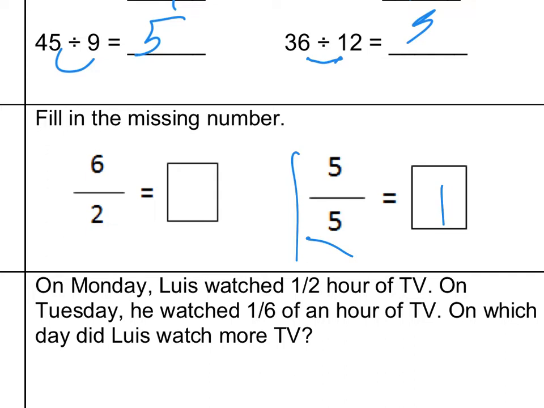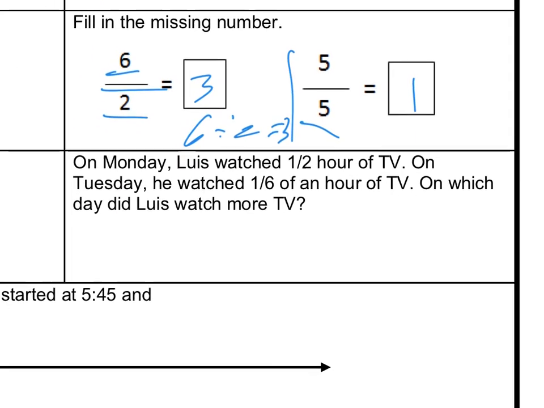And on this one, you have more than you need. You have 6 over 2. So what you have to do is 6 divided by 2. You can always imagine this bar right here being a division bar. So 6 divided by 2 equals 3. So your answer is going to be 3.